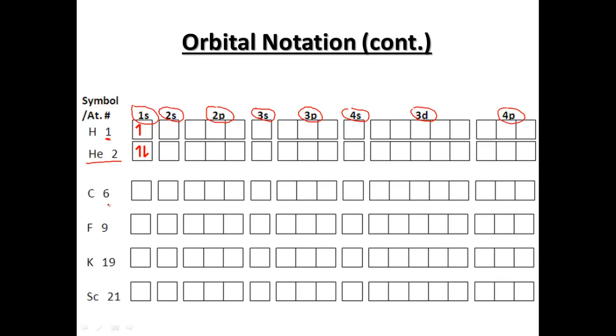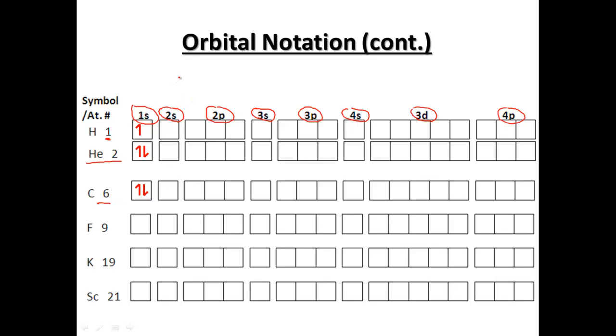So carbon, atomic number 6, so 6 protons, so it has 6 electrons. We're going to put the first 2 electrons in our 1s orbital. If we still have more electrons, the next ones go into the 2s.